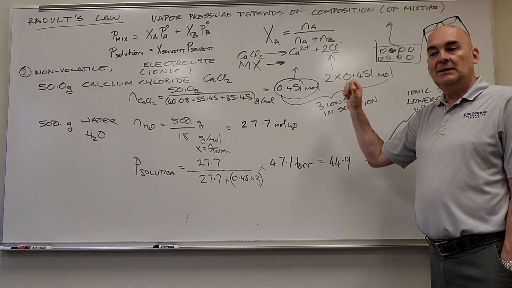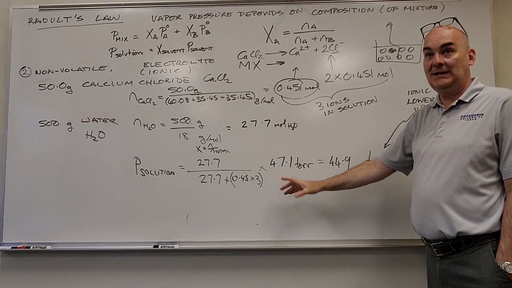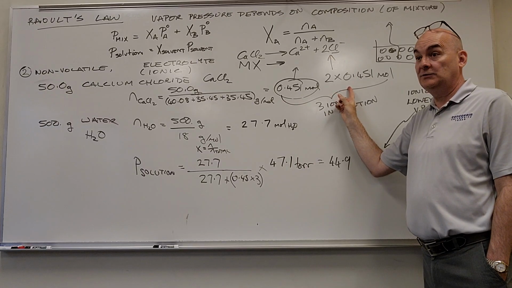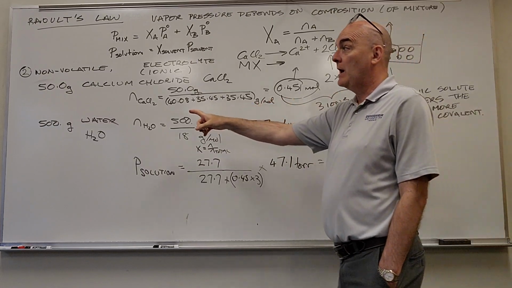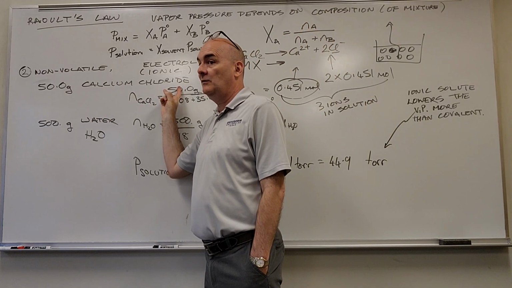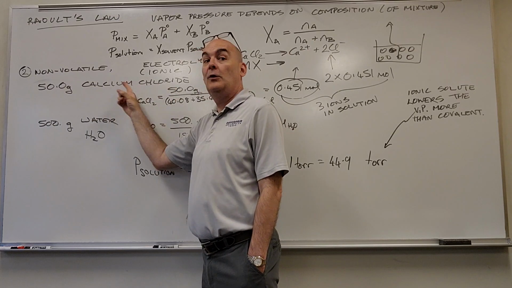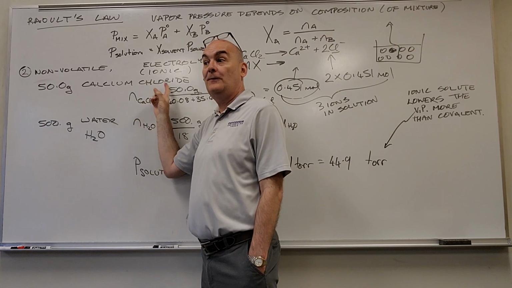So when we say it depends only on amount as a colligative property, that's a mole amount, because 50 grams of calcium bromide won't buy you the same amount of ions as 50 grams of calcium chloride or 50 grams of calcium fluoride.